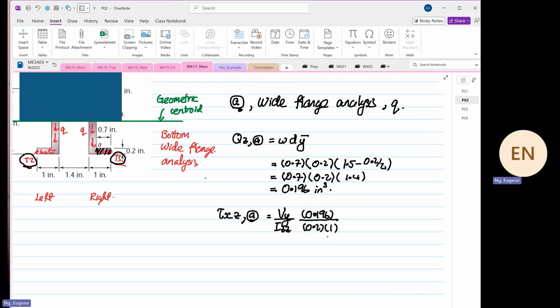And down here you put 1 because it represents Q, which is equal to the what? White flange. So 0.196 divided by 0.2 times 1 is equal to Vy over Izz, and this is equal to 0.98.